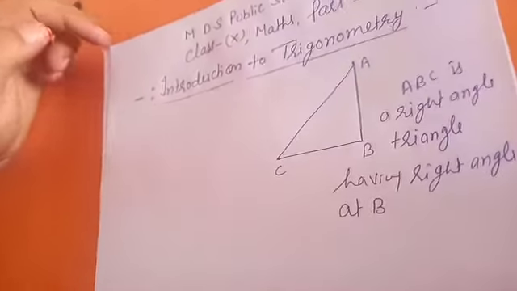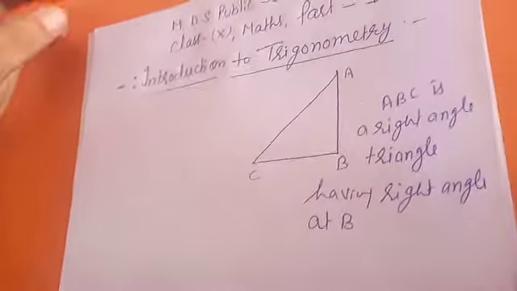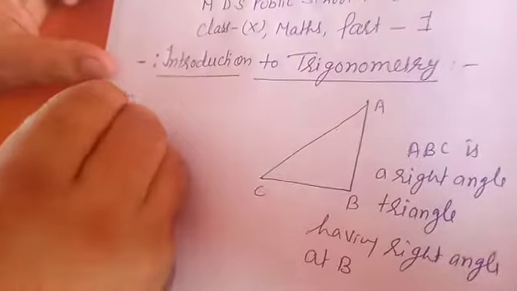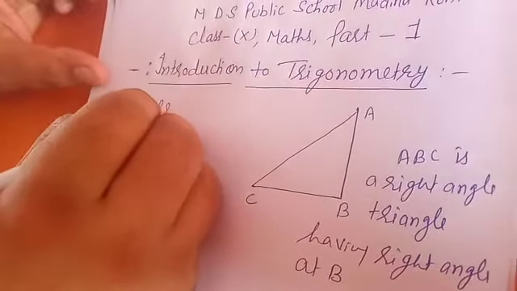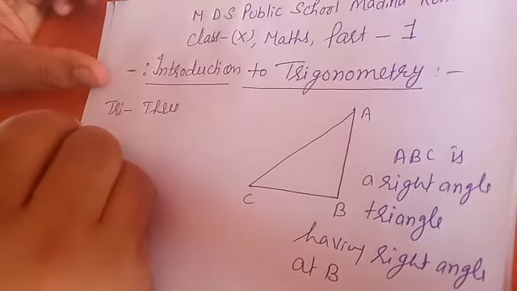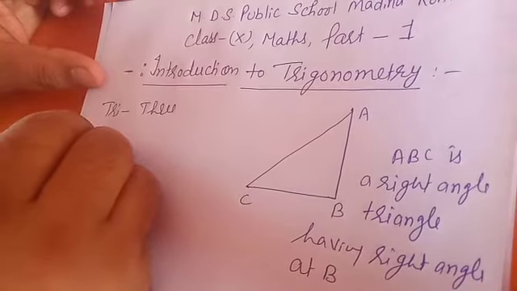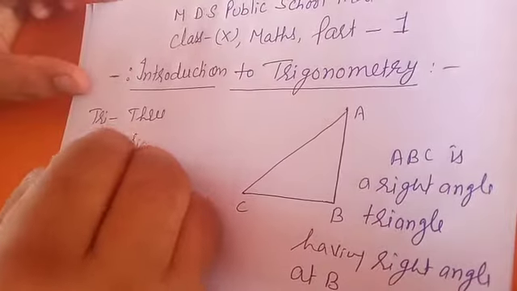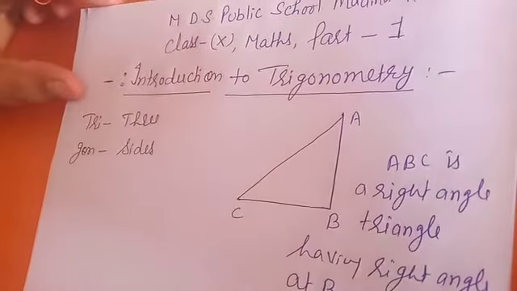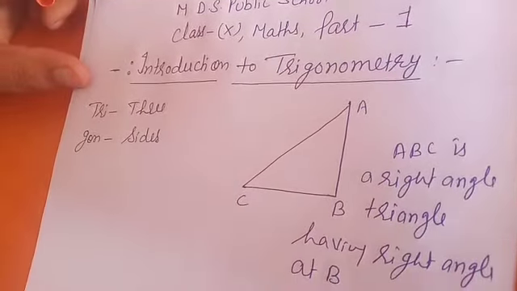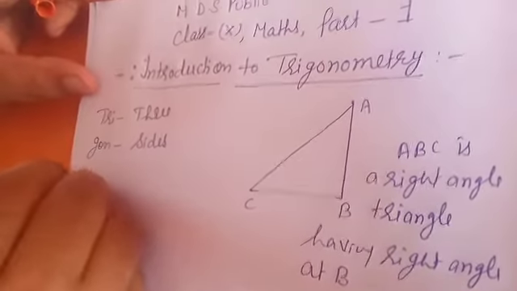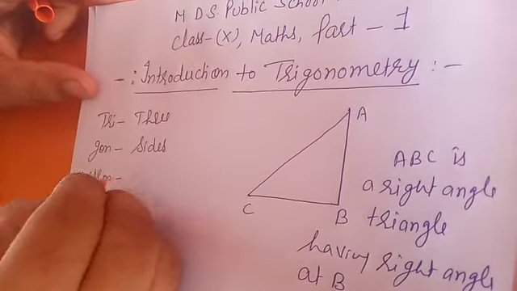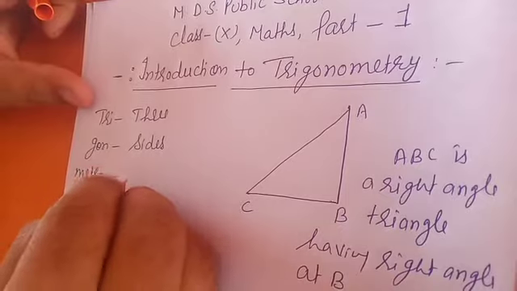So what is the meaning of trigonometry? Tri means three, gon means sides, and metron means measures.